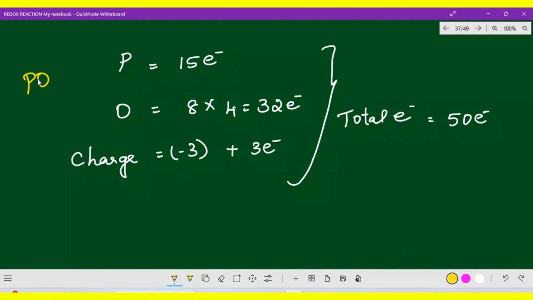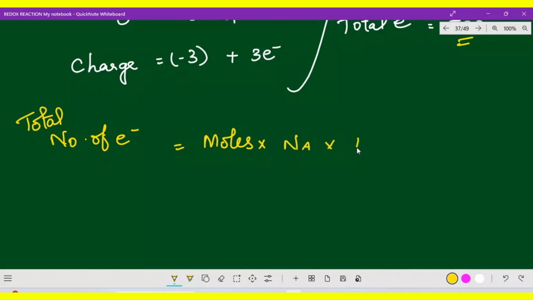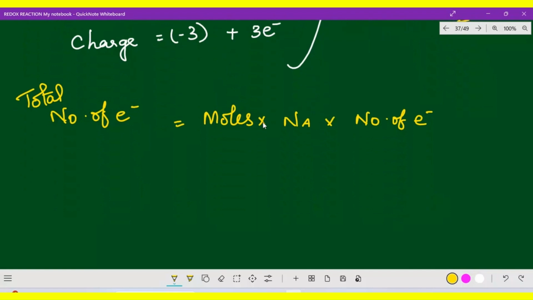So altogether, 50 electrons are there in PO4 3 minus. Now multiply the number of moles by Avogadro number. Total number of electrons equals moles into Avogadro number into number of electrons. We found the number of electrons, and the moles as given mass by molecular mass, and you know Avogadro number very well. Applying the values, 0.1 into Na into 50 electrons, that is 5 Na, where Na is Avogadro number.